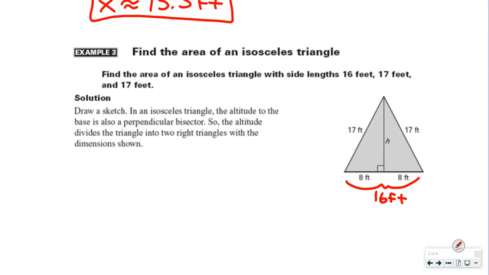And we have 2 right triangles here. So we can use our Pythagorean theorem to find the altitude. That's a missing leg of each of our smaller triangles. So I can say 8 squared plus h squared, which is our height that we're trying to find, equals 17 squared.